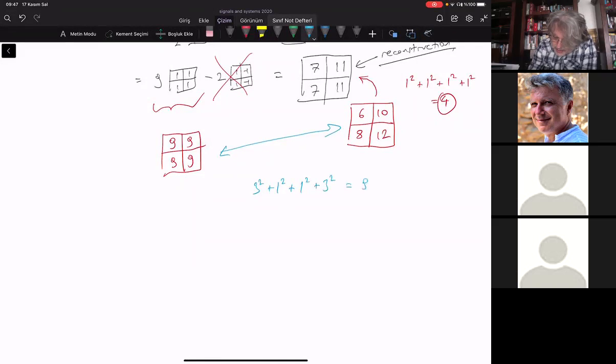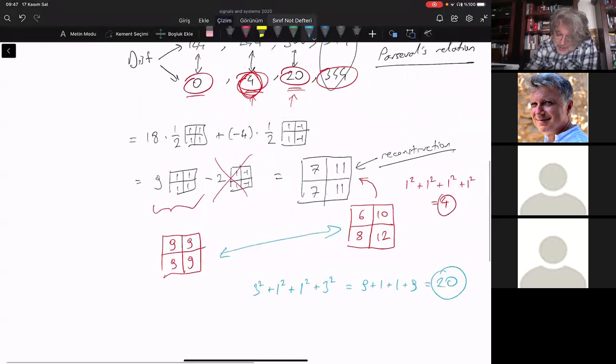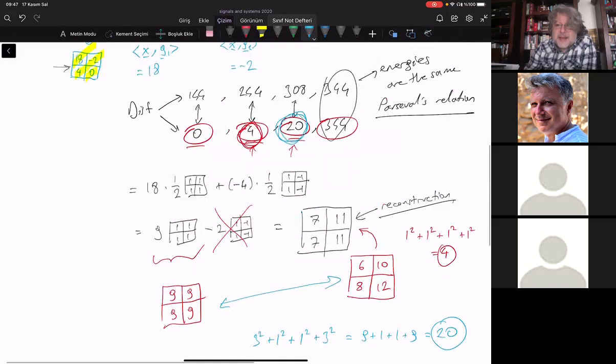So it is 9 plus 1 plus 1 plus 9, which is 20. See how much error that I made by eliminating those two coefficients, 20. So things are very consistent with each other.